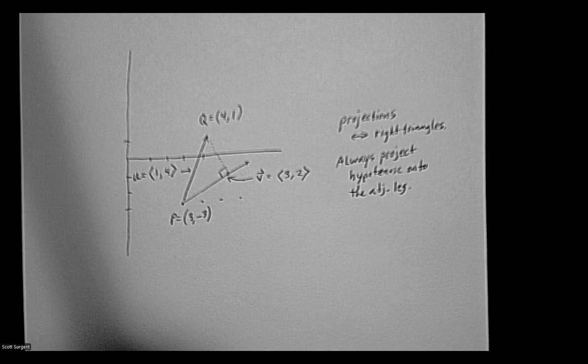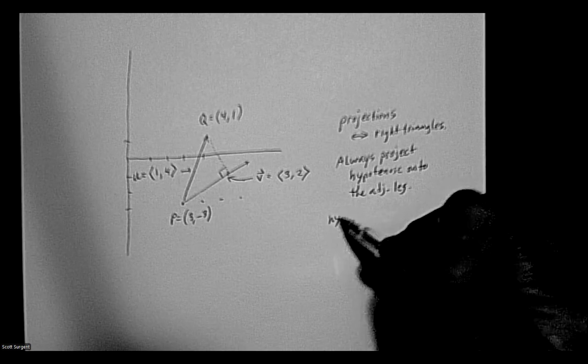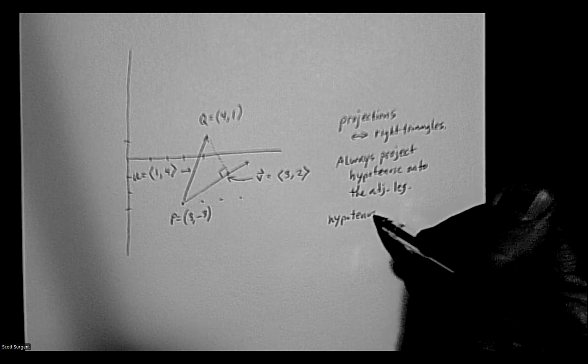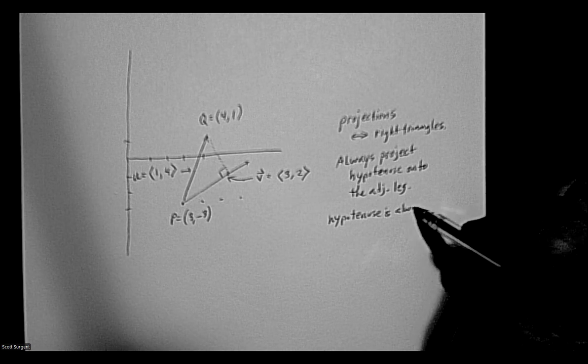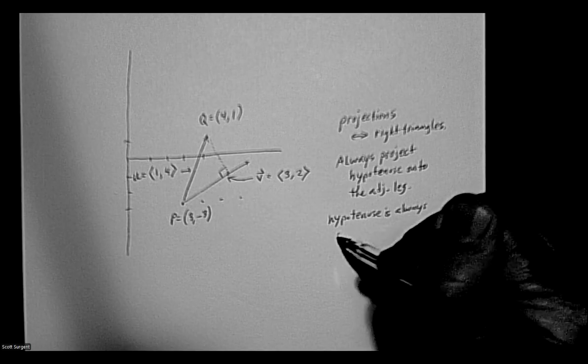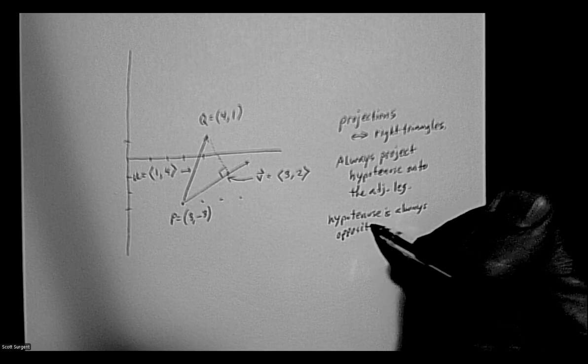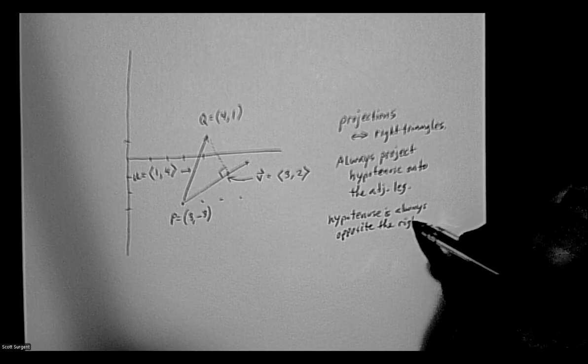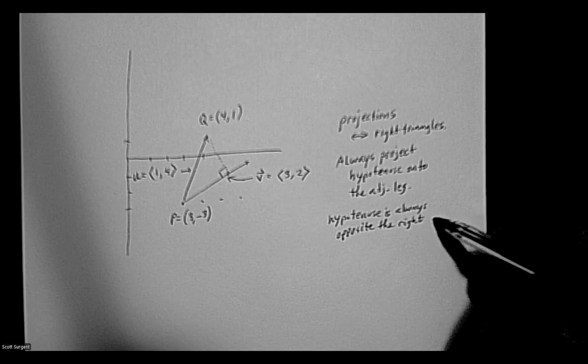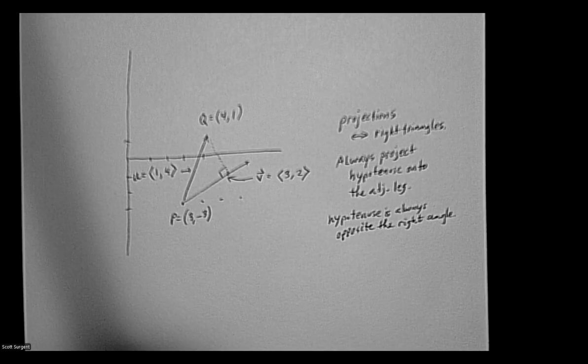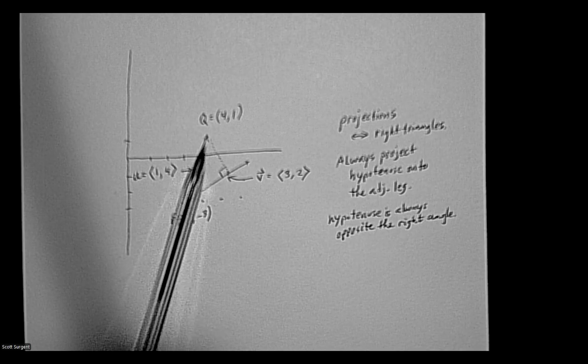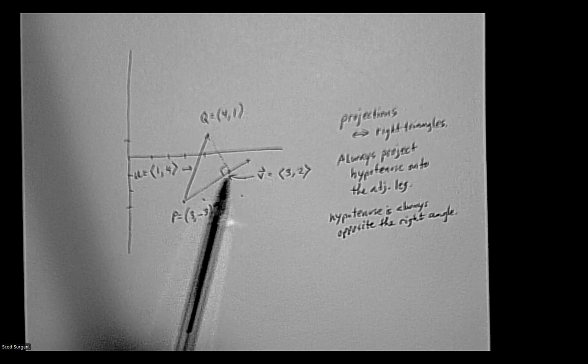If you're still stumped, the hypotenuse is always opposite the right angle. So if you determine where the right angle takes place, that establishes where the hypotenuse has to be. I'll pause here for a moment. Does that make sense? Got the hypotenuse, I've got adjacent.